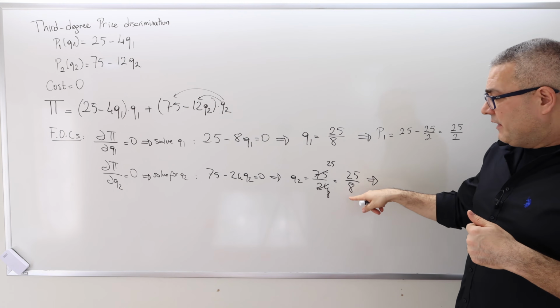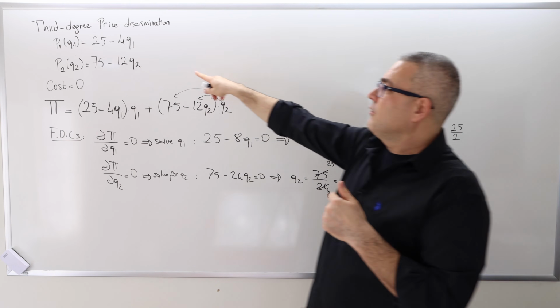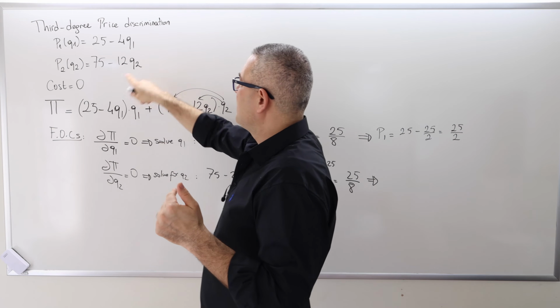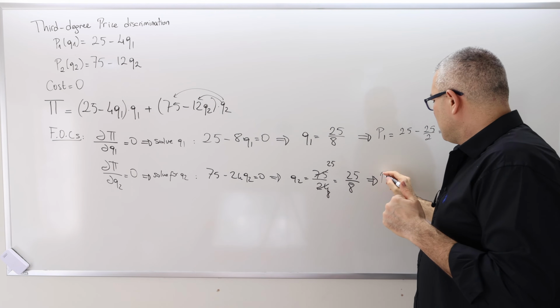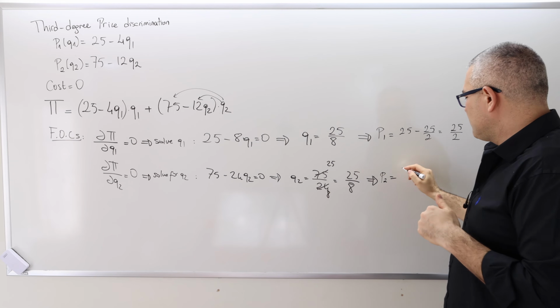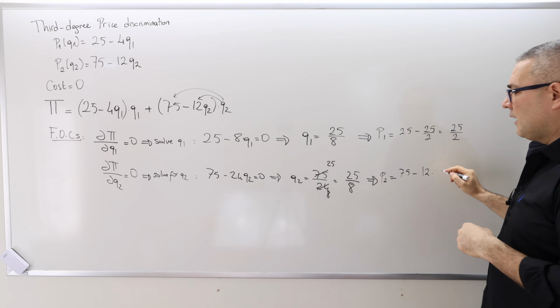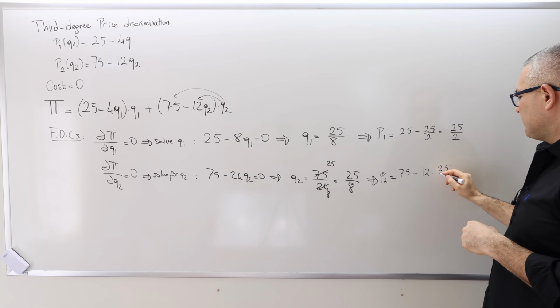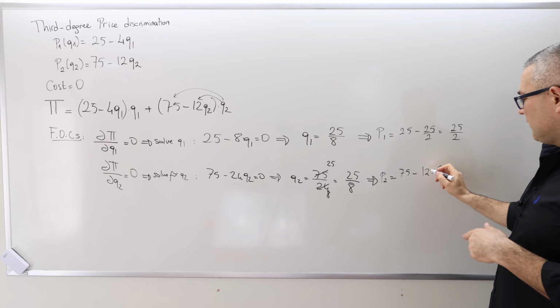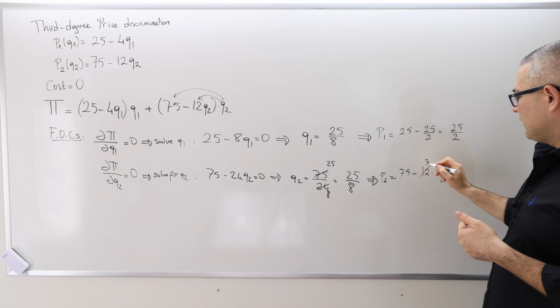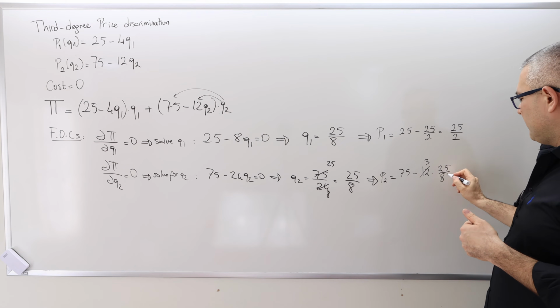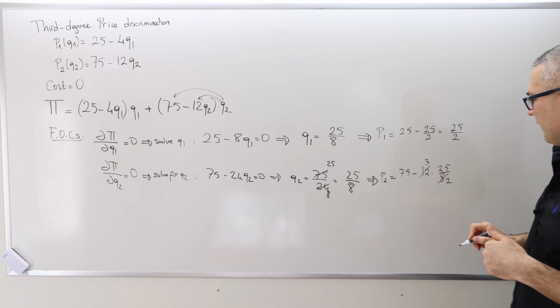Given that this is quantity 2, in order to find the price in this market, I just plug it into the demand curve. It's 75 minus 12 times 25 divided by 8. So you can divide this by 4 and get 3, and divide the other by 4 and get 2.